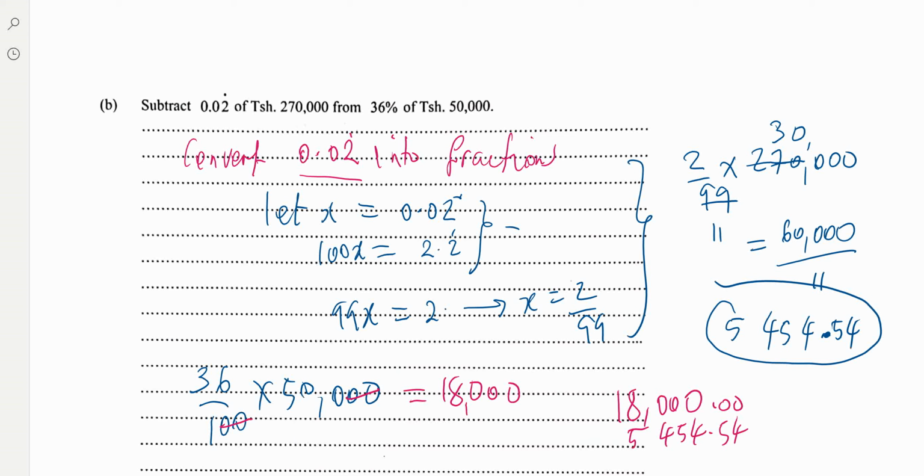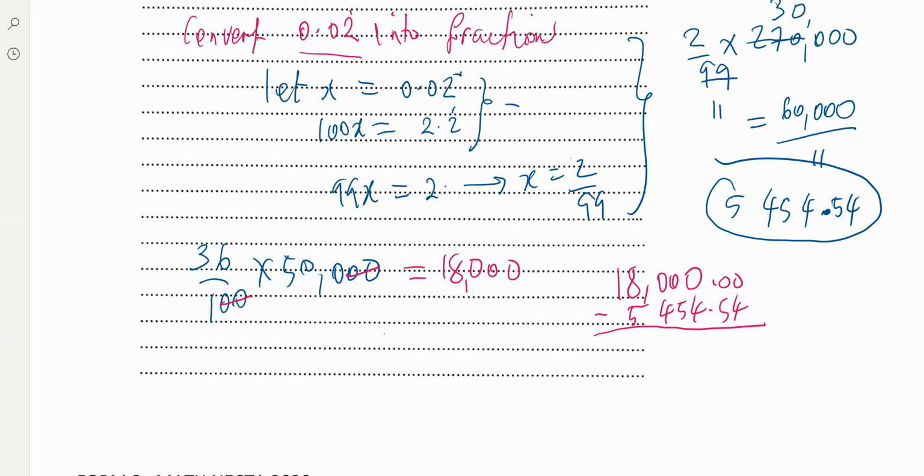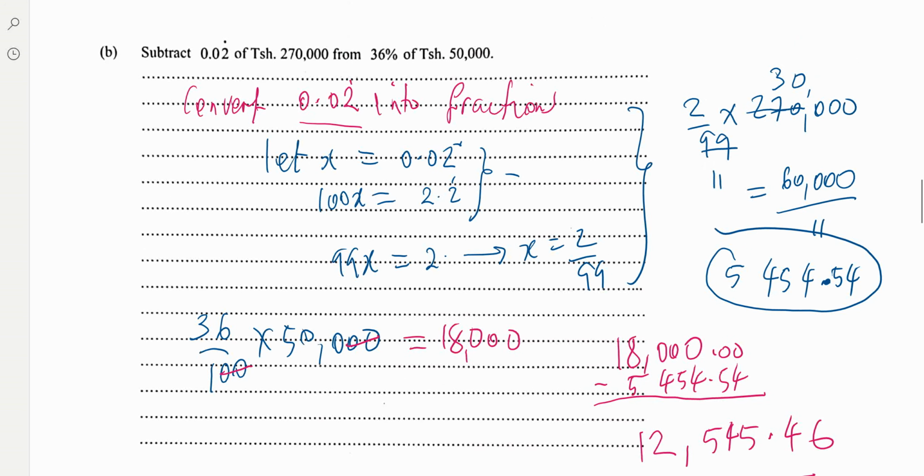When you subtract here, dear students, we are getting now 12,545.46. So this is the final answer, the answer obtained by subtracting 0.02 repeating of 270,000 from 36% of 50,000.